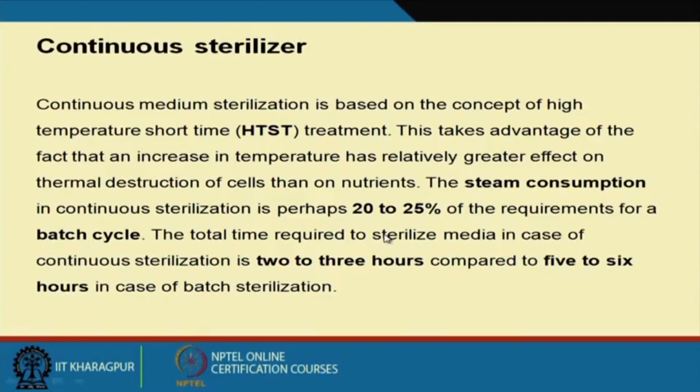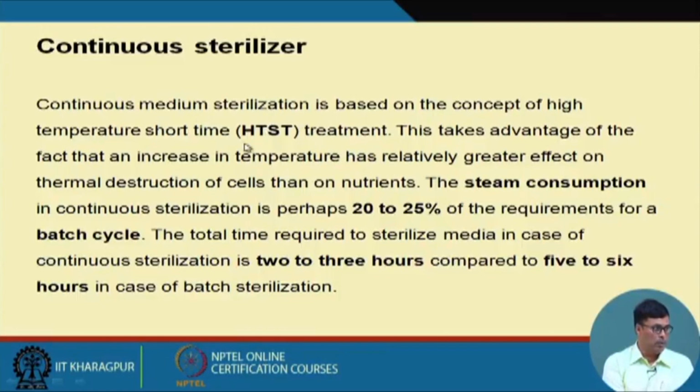That is why, if you look at the basic difference between continuous sterilization and batch sterilization: in continuous sterilization, medium sterilization is based on the concept of high temperature short time. This takes advantage of the fact that an increase in temperature has a relatively greater effect on the thermal destruction of the cells than on nutrients.